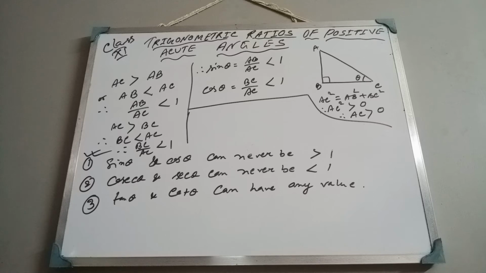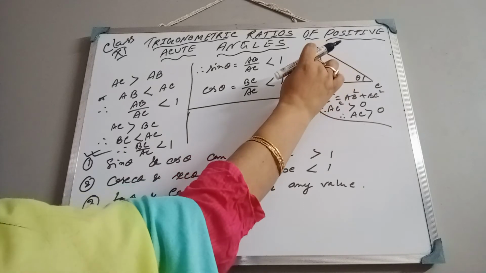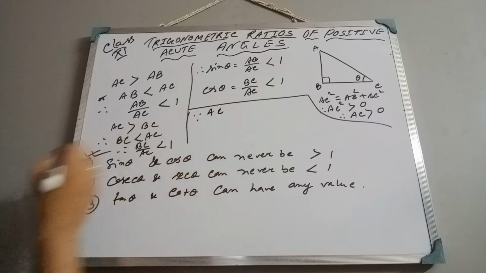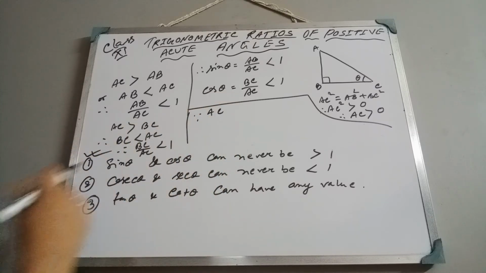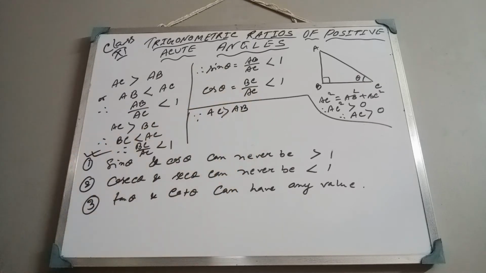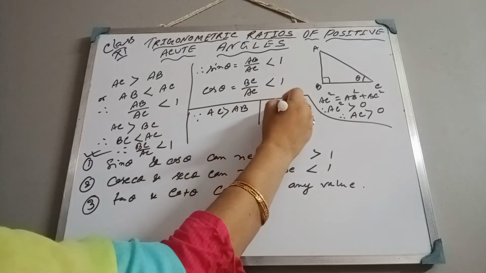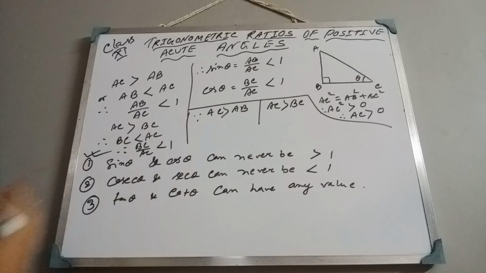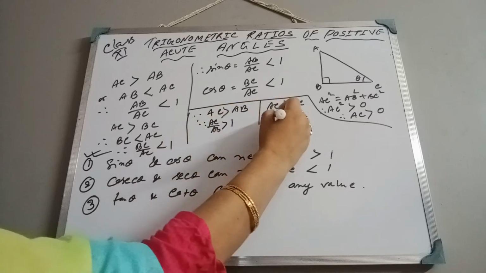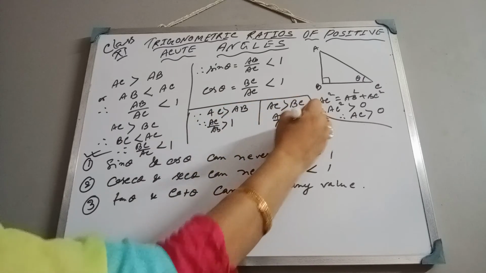Since AC is already written here as greater than AB, AC greater than AB, or we can write AC greater than BC also. From here we can write AC by AB greater than 1, and AC by BC greater than 1.